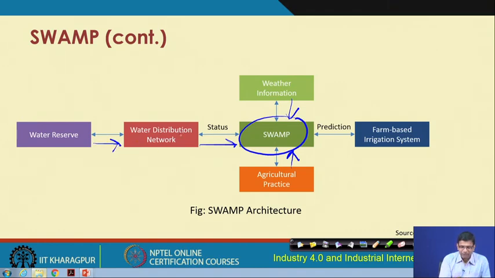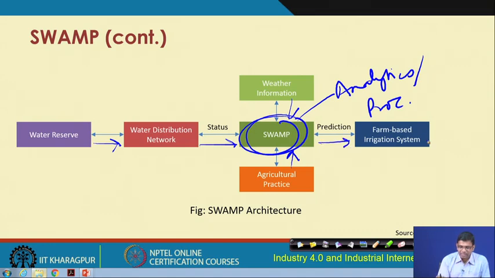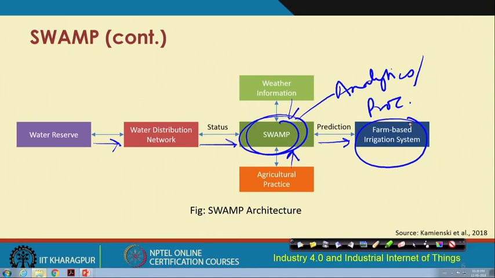Everything is fed together into SWAMP, and decisions are made. Decisions here again mean the use of analytics and processing, and these help in making different predictions with respect to farm based irrigation: when to irrigate, what to irrigate, which equipment will be better, and so on. All of these can be done with the help of SWAMP and similar architectures for precision agriculture.